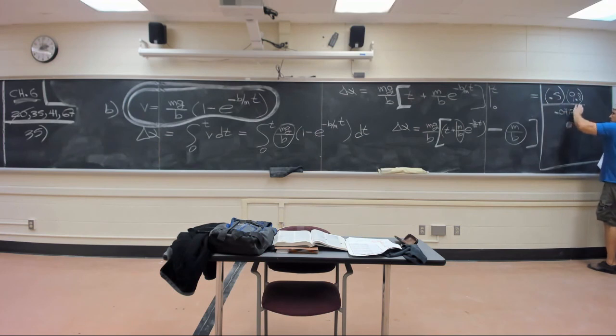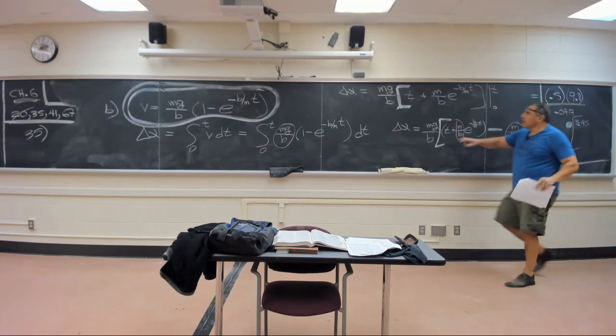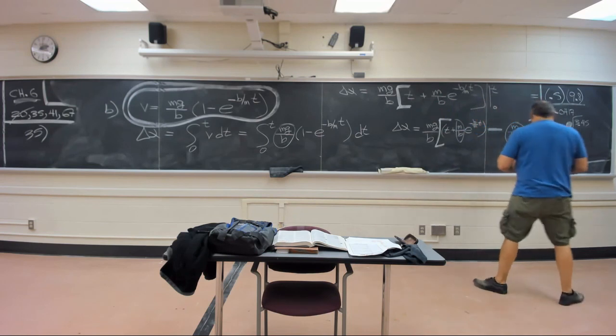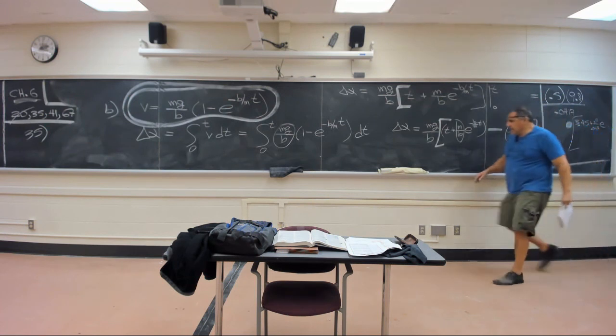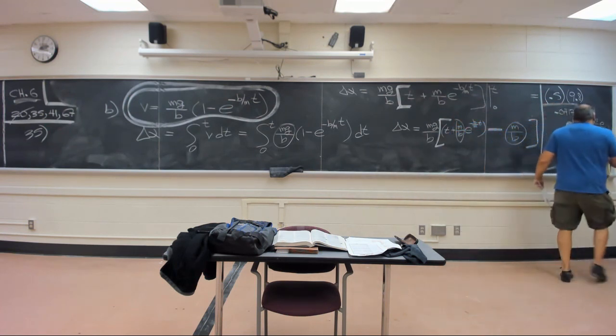All this right here times 3.45 plus M over B, e to the negative, it's the whole thing here. Guys, I'm writing smaller. You might have a harder time seeing it. All you're doing is plugging in the values that you know. I'm not liking how I'm writing it, but you guys know where I'm going.